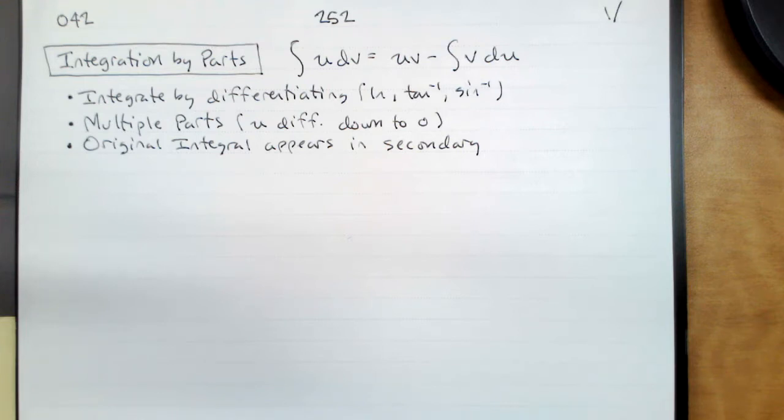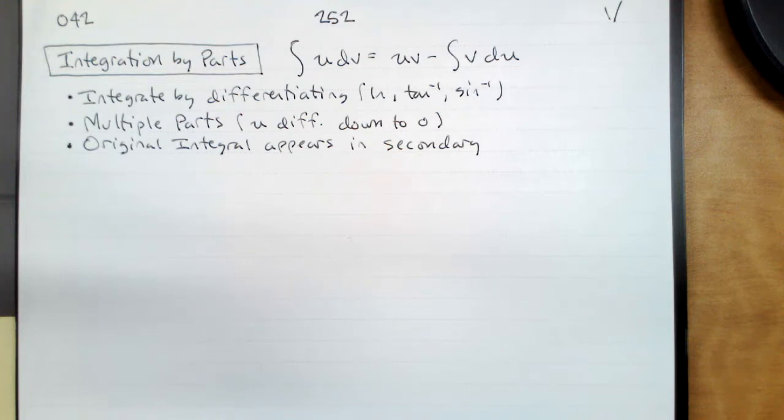The same thing is true with tangent inverse and sine inverse. And what we want to notice is that the derivative of inverse tangent, or the derivative of arctangent, is 1 over 1 plus x squared. So we go from this inverse trig function to a rational function. That's the same thing that happened with natural log. We have this natural log function, and the derivative is a rational function.